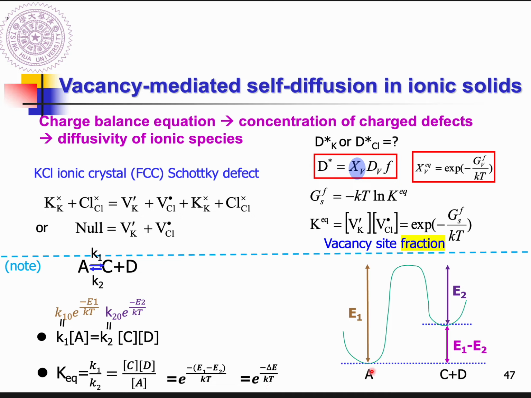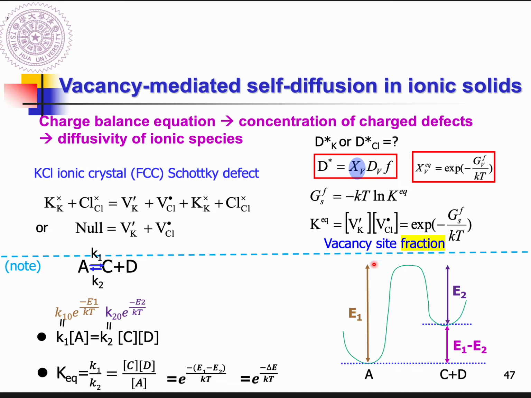Okay, so you get the K equilibrium is exponential of delta E divided by kT, and from here to here the difference is that we don't have a Schottky defect and we have a Schottky defect. So this will be E1 minus E2, and delta E is the Schottky defect formation energy. So K equilibrium is C times D divided by A. Instead of using concentration, here they use the fraction: fraction VK, fraction VCl, and we don't have a fraction for A, since we don't have a vacancy form inside our ionic material.